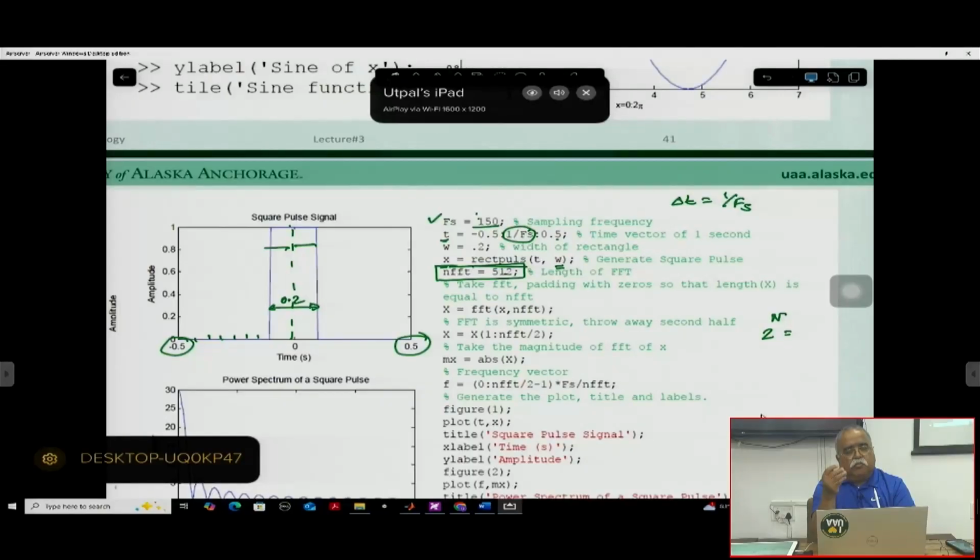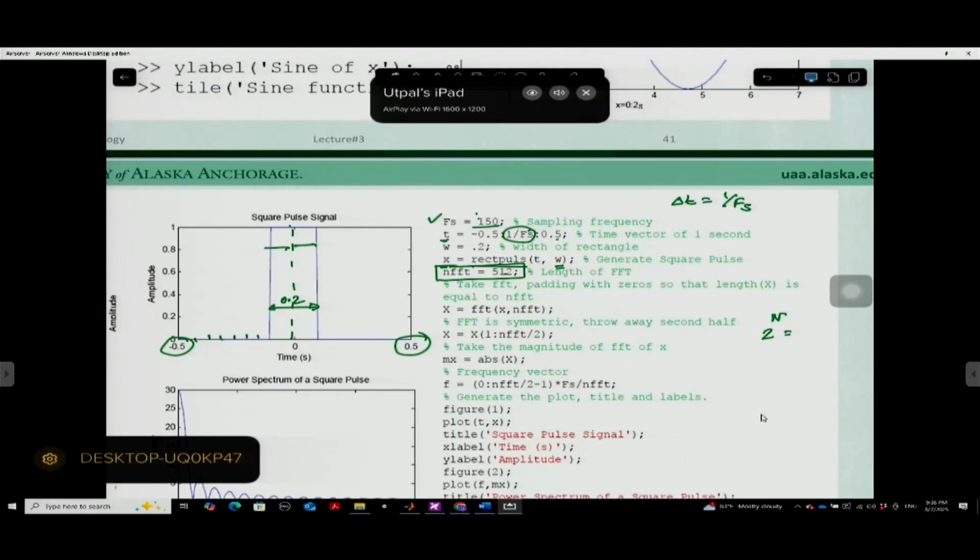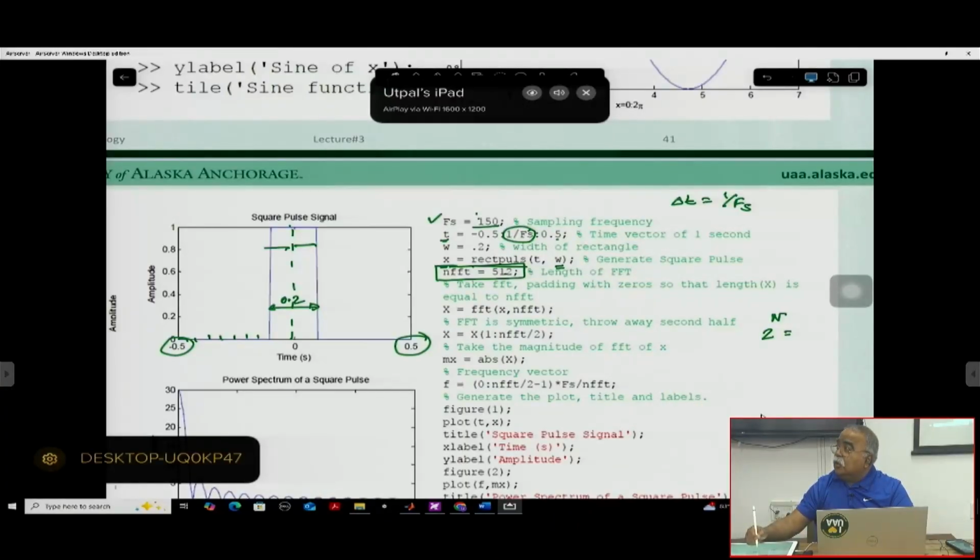Or you can instruct the computer to take the next power of 2. So for 1400, the next power of 2 is 2048. Or if you have, say, 640 data points, you can go up to 1024. So always give it in a 2 to the power something format. That's your NFFT, and then you give your data values. Okay, that's fine.